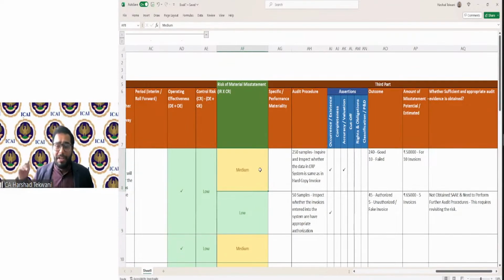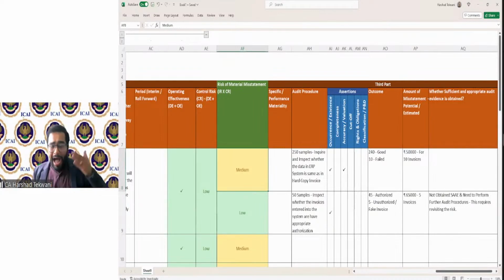For that, I need to keep the detection risk at a very low level, and I need to test more. The higher the risk of material misstatement, the more testing is required and the lower the detection risk, because you are testing more, so there is less chance of missing something.